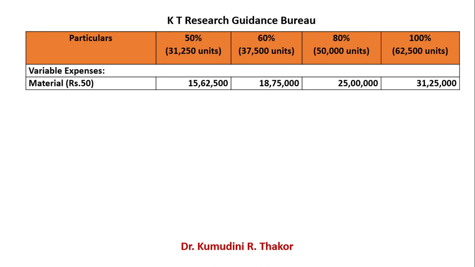Now I will give you 1 minute. Find out for labor. For labor it is rupees 20. So how can you find out? For 50%, 31,250 into 20. Same way for 37,500, 50,000 units and 62,500 units.